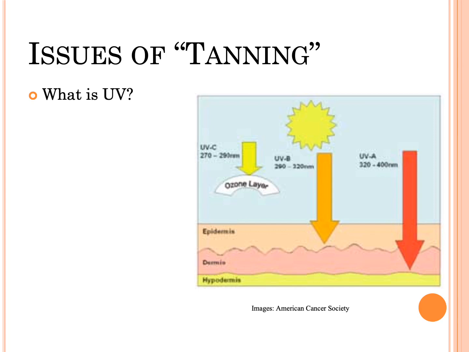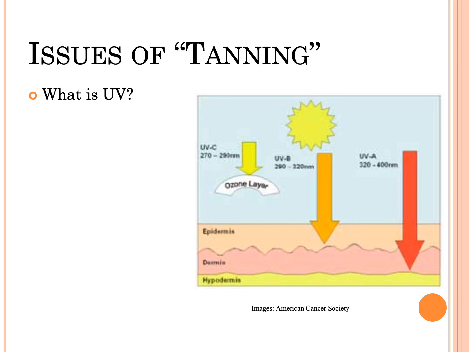And then we have UVA, and UVA has enough energy within it to get all the way through the dermis of the skin and actually down into the hypodermis. The UVA radiation is what typically causes the sunburn effect that we will get when we have excessive exposure.